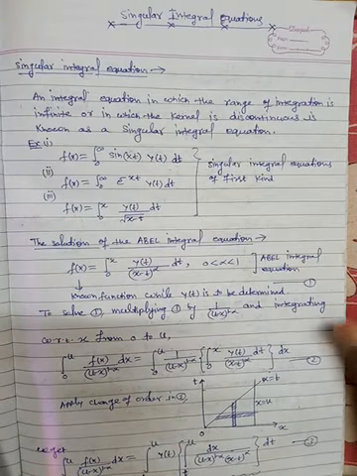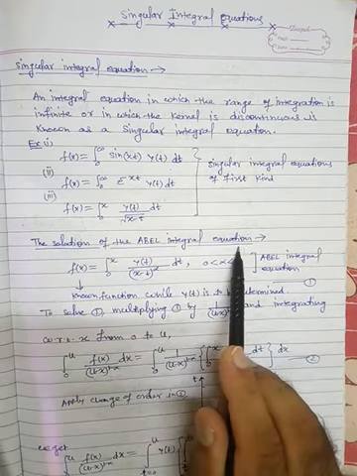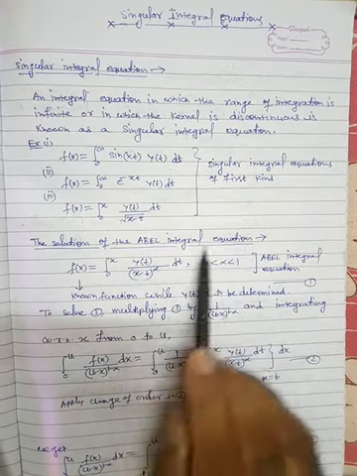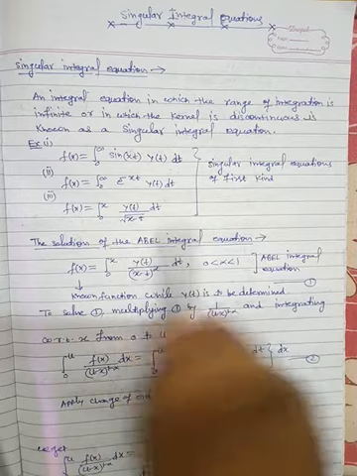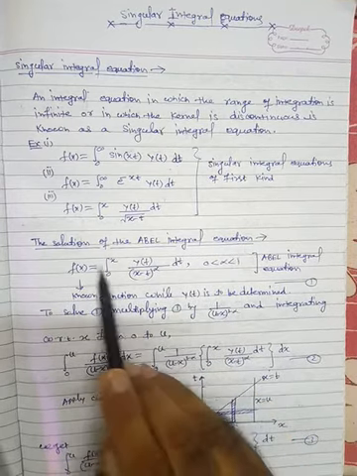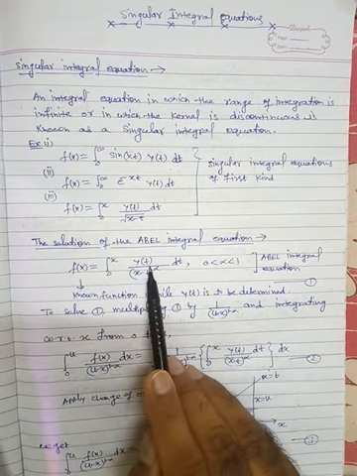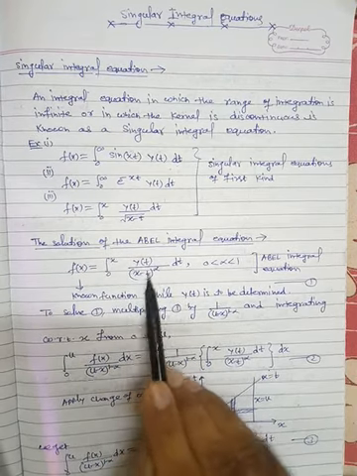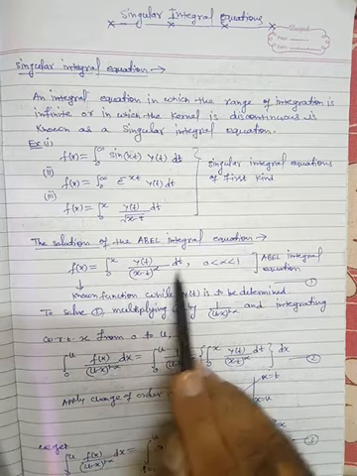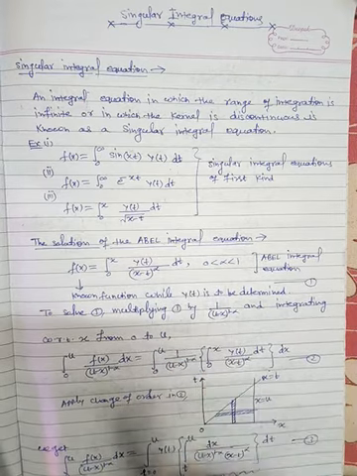Now we have a very special kind of singular integral equation known as the Abel integral equation. So what is the Abel integral equation? This equation is given by f of x is equal to the integral from 0 to x of y of t divided by (x minus t) raised to the power alpha dt, where alpha varies from 0 to 1.